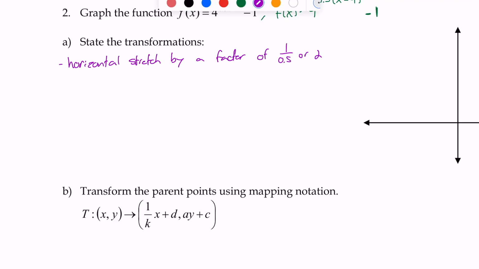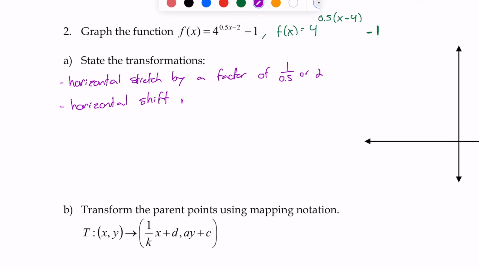You have that shift, that horizontal shift, and because you see -4 there, you know that you're going to be going to the right, so the right 4 units. And then that -1 on the backside there, that's going to be a vertical shift. Vertical shift down 1 unit.